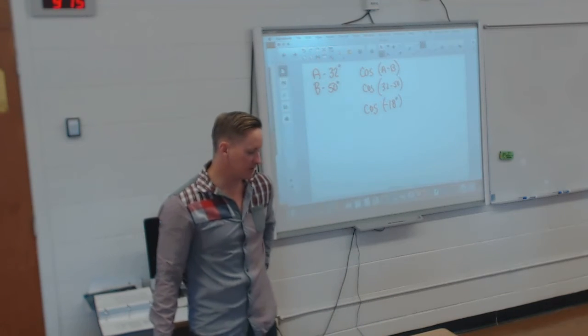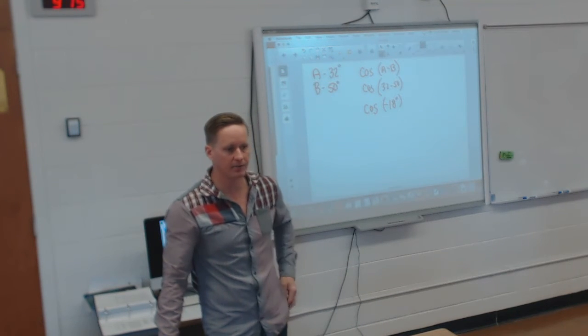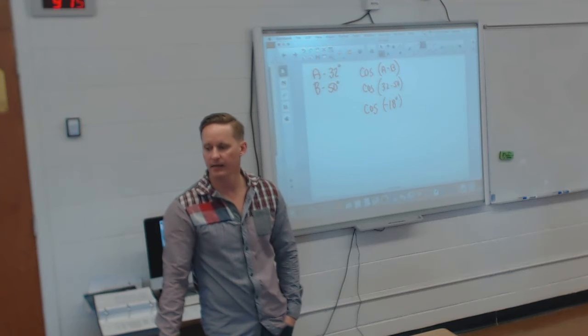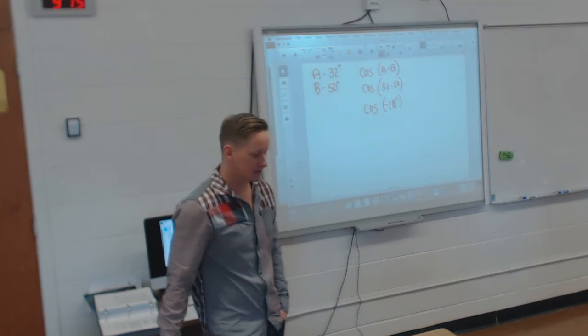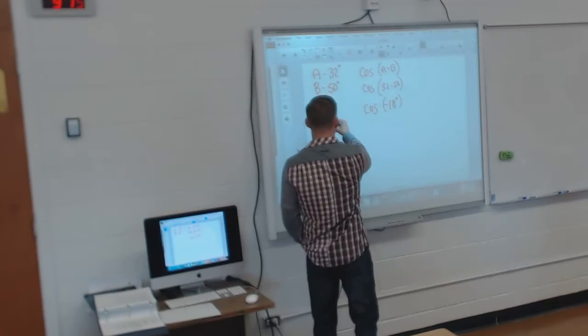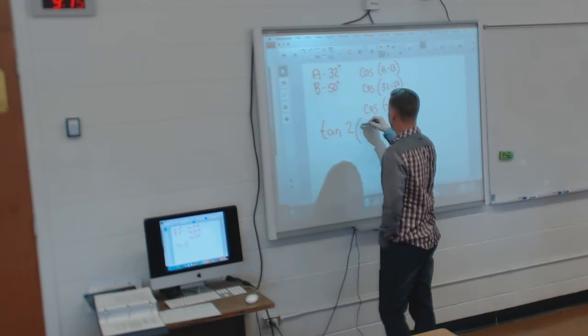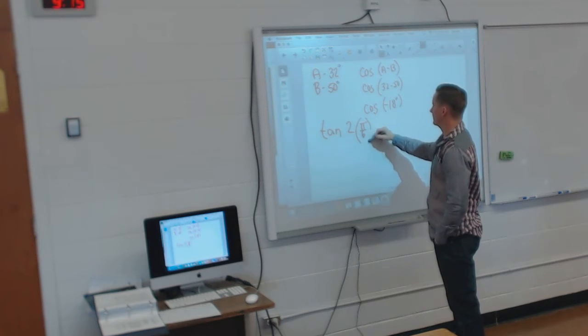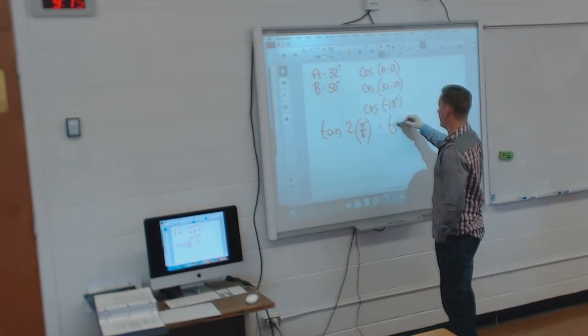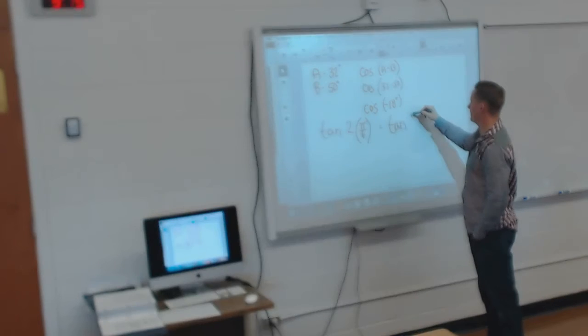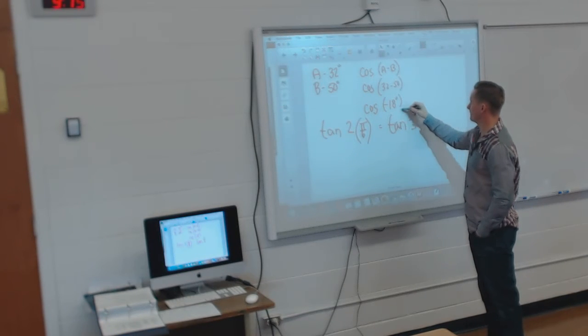2 tan pi over 6 over 1 minus tan squared pi over 6. Which identity is that? Tan 2A. So I have tan of 2, and what's my a value? Pi over 6. So then that is tan pi over 3.